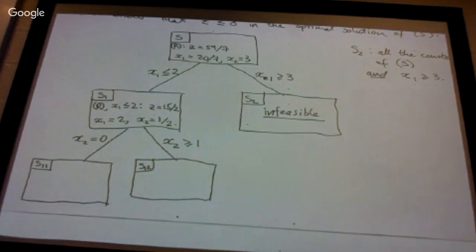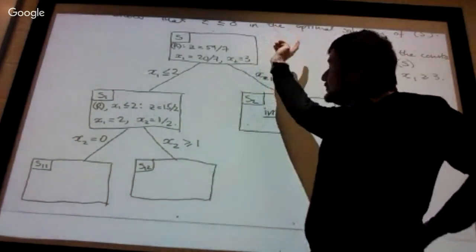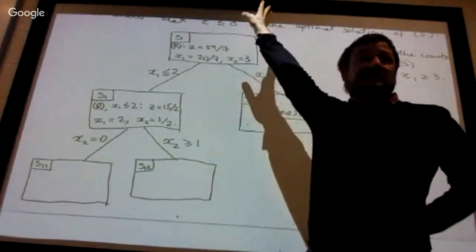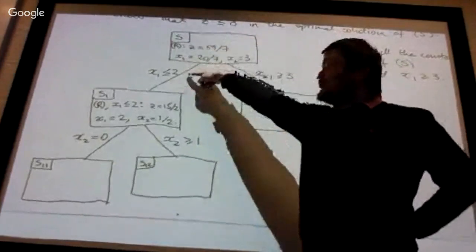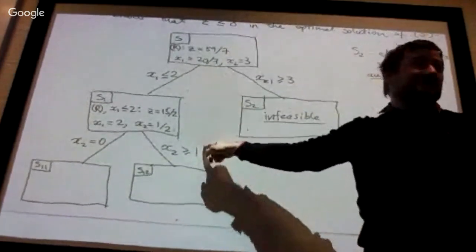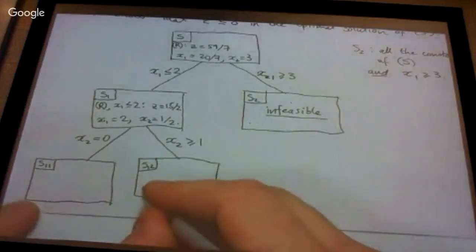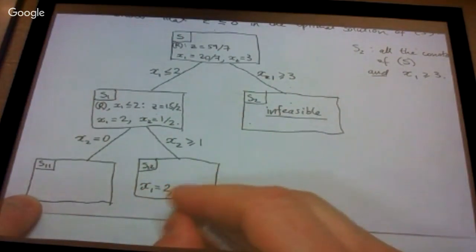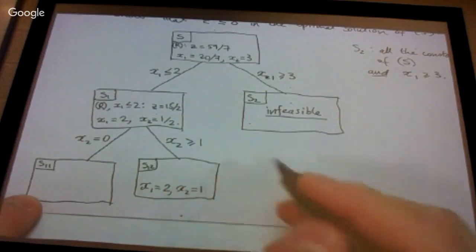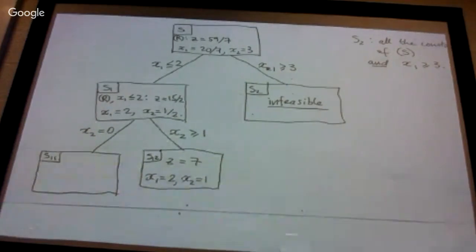So now when you solve the linear program using the simplex method, with all those constraints that we've always had, and these two additional constraints, the optimal solution is going to be x1 equals 2 and x2 equals 1, and z is equal to 7.